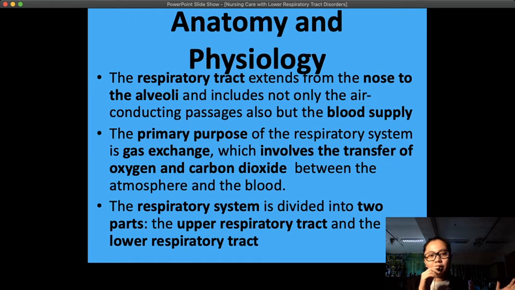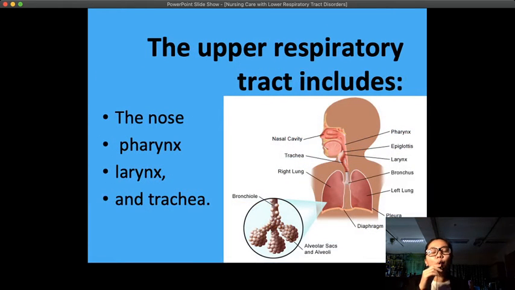Okay, so the respiratory system is divided into two parts: the upper respiratory tract and the lower respiratory tract. So what are the parts of the upper respiratory tract? These are the nose, the pharynx, the larynx, and the trachea.